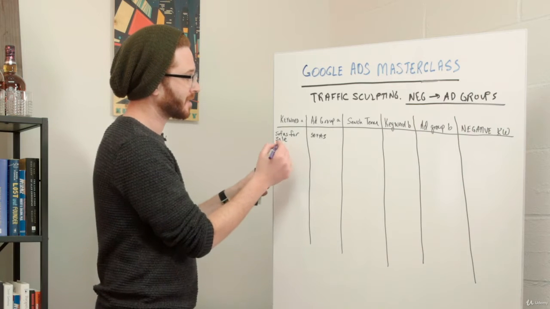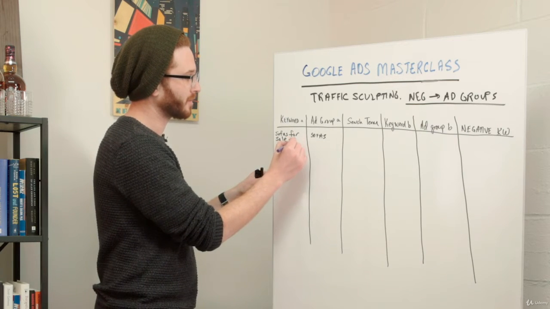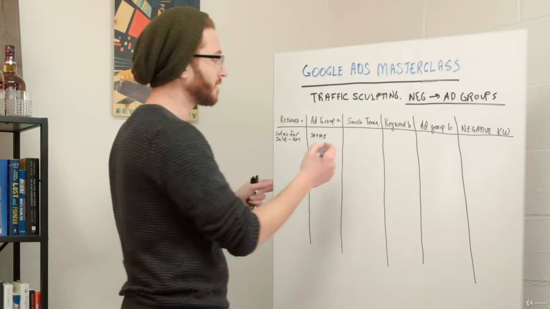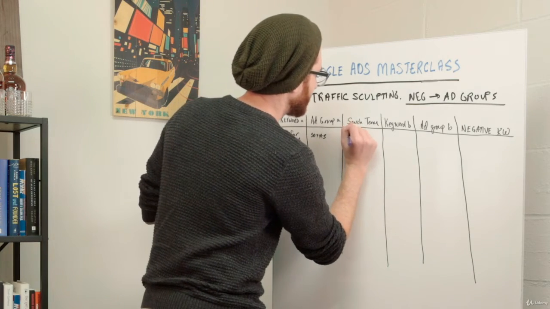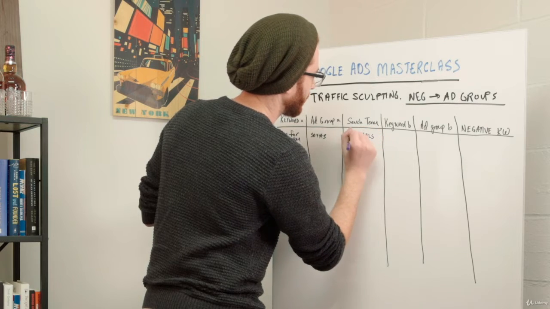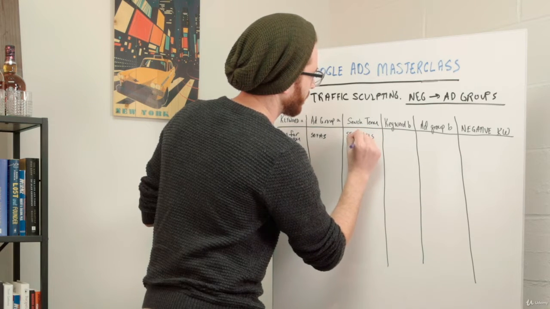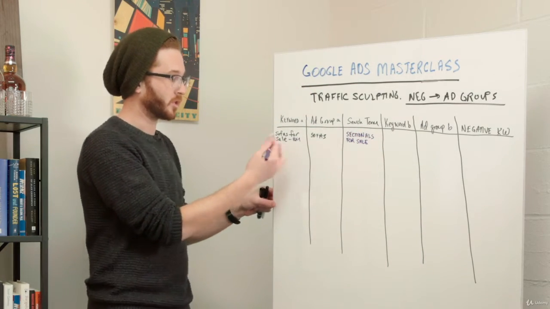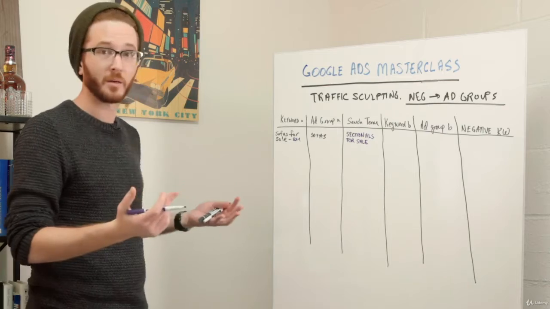But because, let's say this is a broad match keyword, right? We go into our search terms report and we see that it's triggering searches for sectionals for sale. Now, sectionals for sale is certainly a search term that could be triggered by keyword sofas for sale because Google would think that they're related.